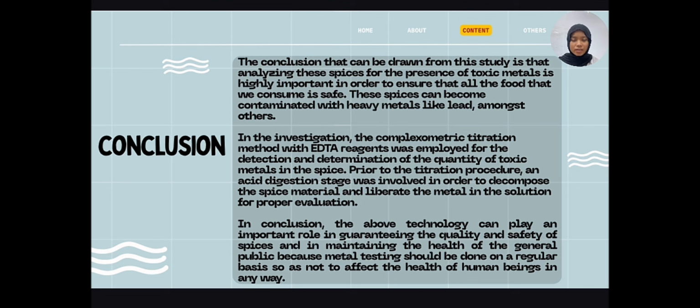In this investigation, volumetric analysis using complexometric titration with EDTA was applied to detect and determine the amount of toxic metals in spice samples. Prior to the titration process, acid digestion was carried out to break down the organic structure of the spice and release the metals into the solution, allowing accurate and reliable analysis.